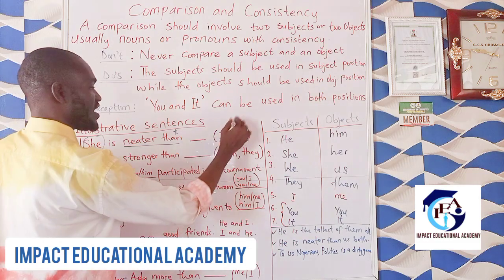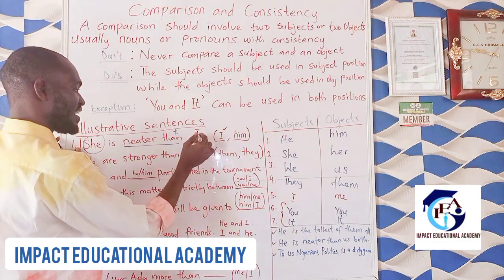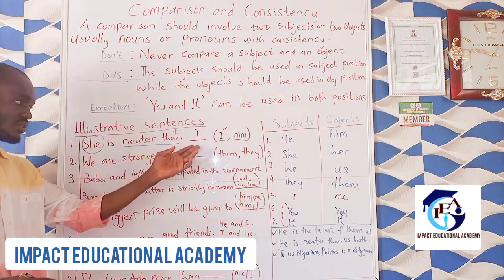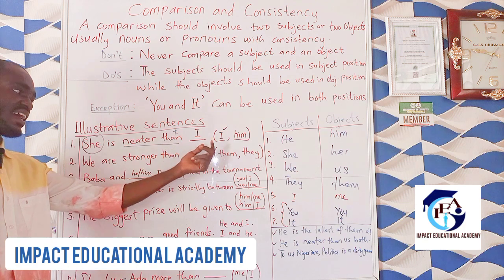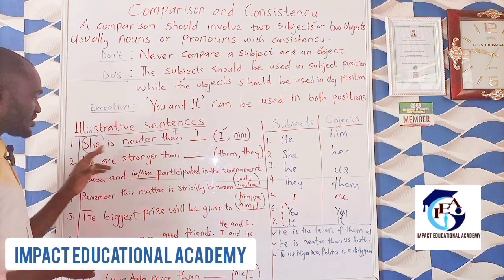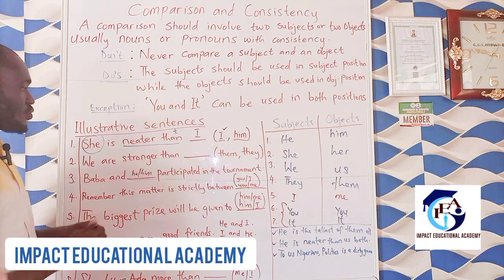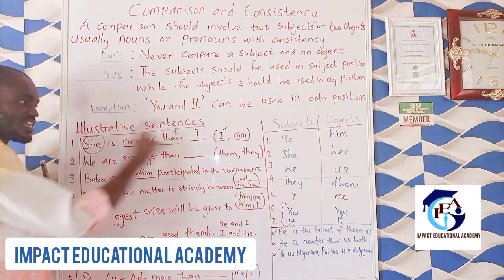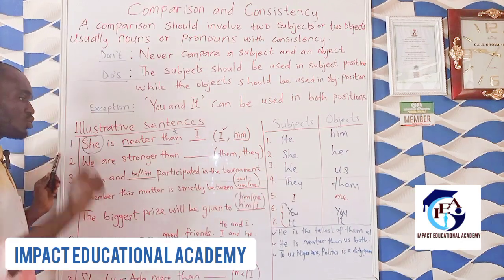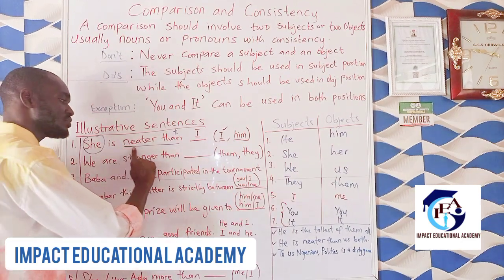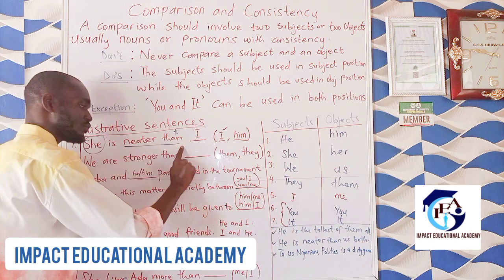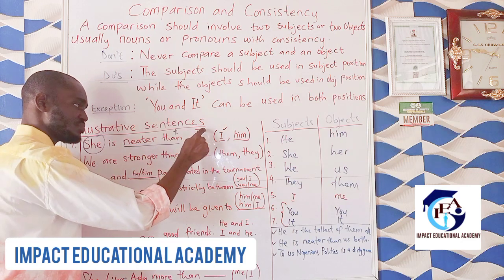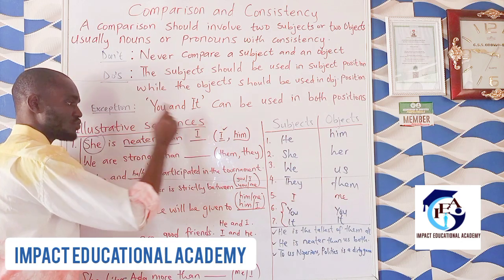Obviously, it is I. So filling this gap with I is going to be grammatically correct because we can now read it as she is later than I, not she is later than him. We are comparing subjects, not subject and object. The rule: when you are comparing things at comparative level, the pronoun that should come after this than should be the pronoun in the position of subject.